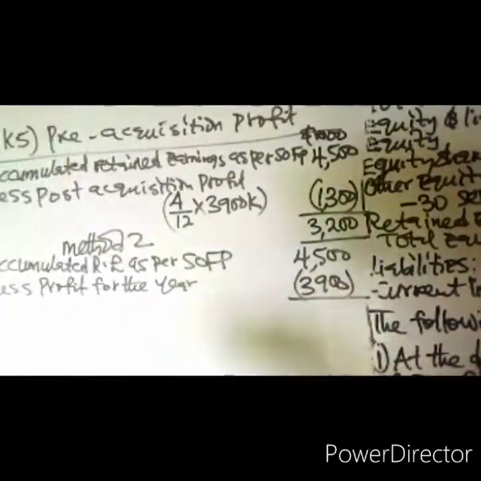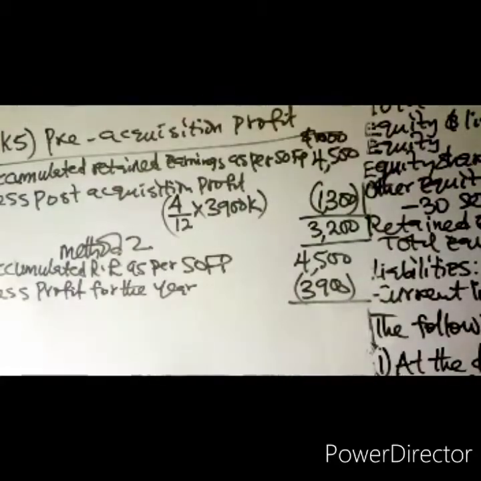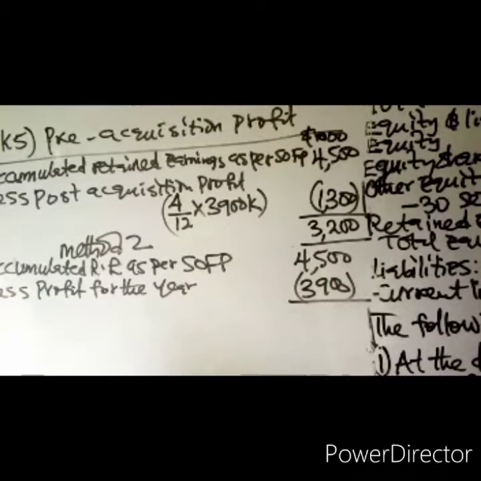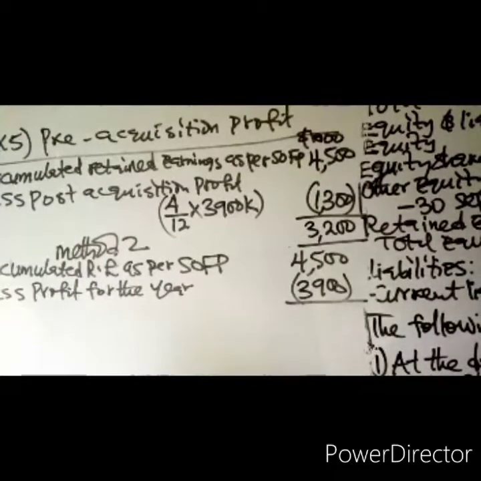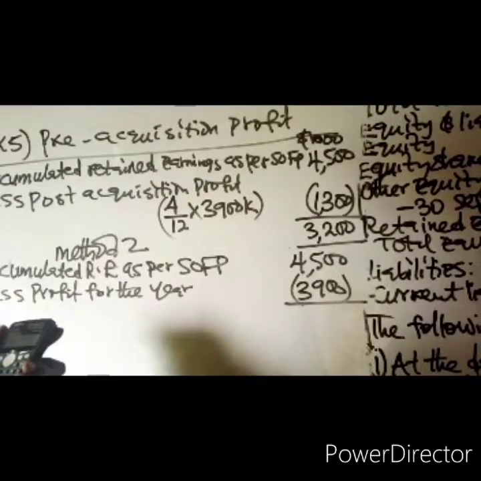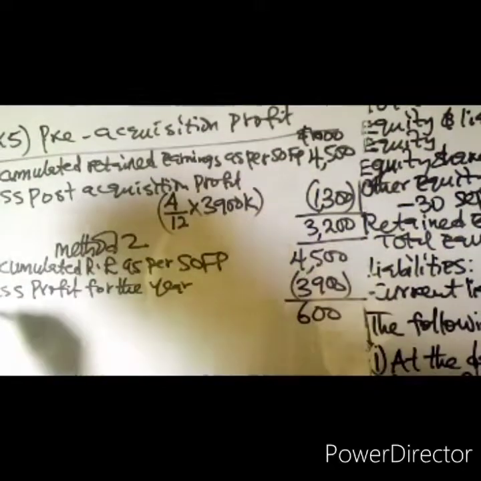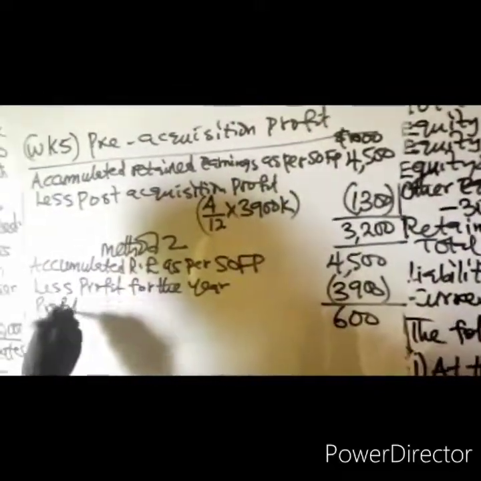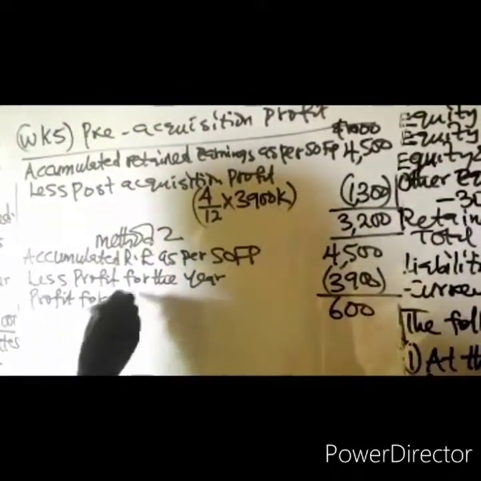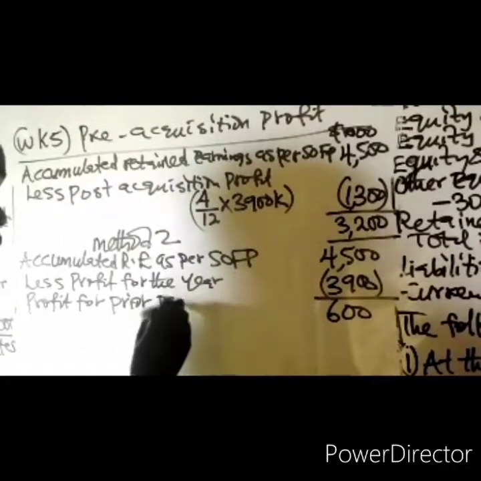If you subtract the 3,900 from 4,500, then you have 600. That 600 represents profit for the prior period.